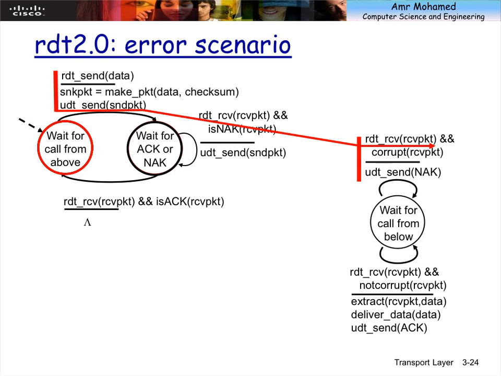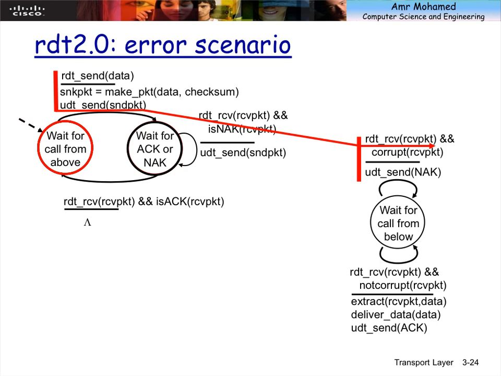So this is the scenario if the channel cannot lose anything, but the bits in the packet itself may change because the channel is unreliable. What we did not address here is if the acknowledgement itself is corrupted, right? On the way back, this acknowledgement or negative acknowledgement is on its own corrupted.